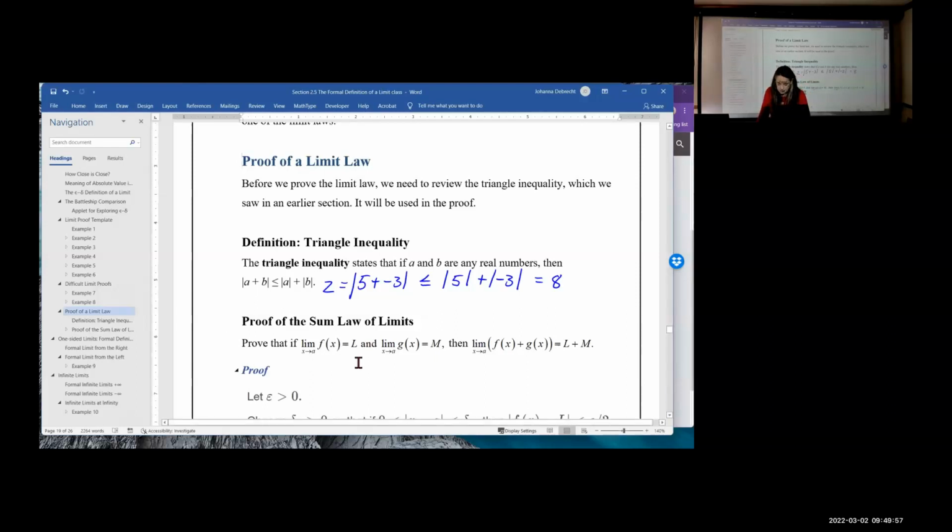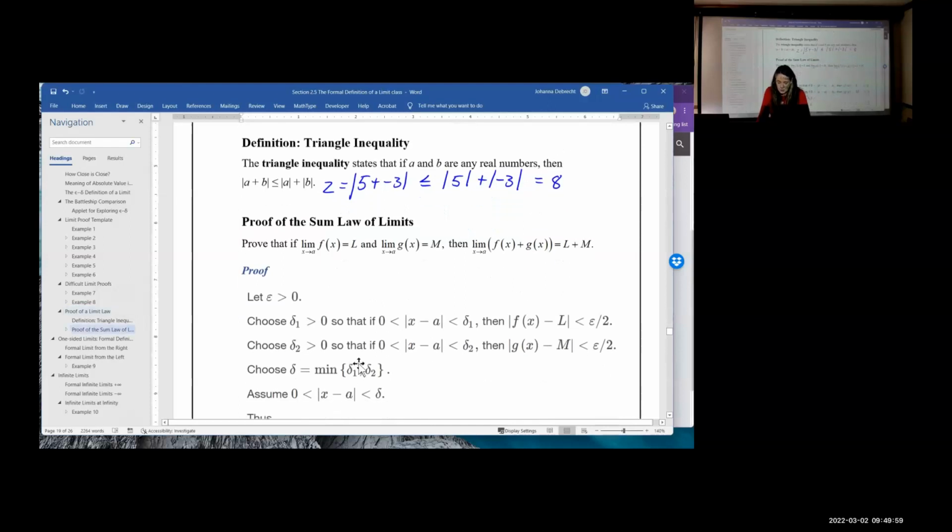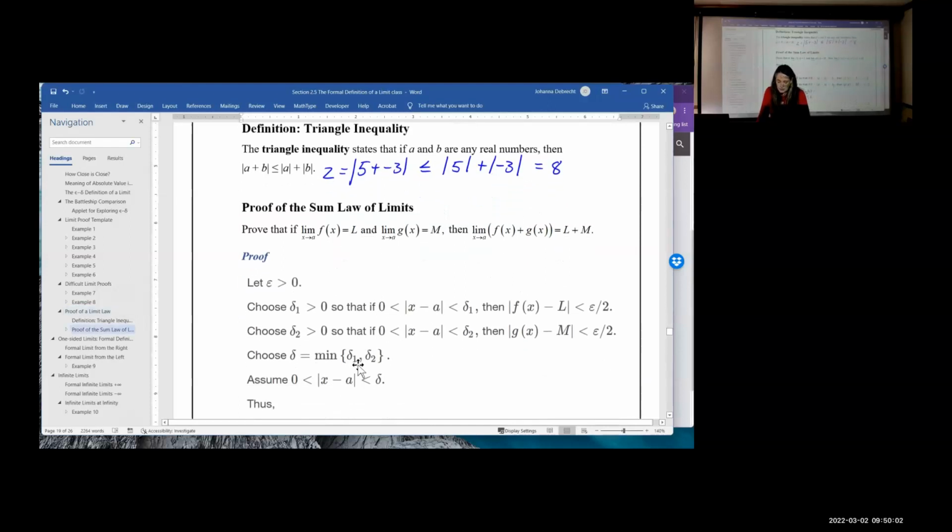All right. Okay. So we want to do a proof of the sum law of limits. Now that we have our formal definition, the epsilon delta definition, we're going to start with a function f and a function g, and we want to prove that the limit of f of x plus g of x is equal to L plus M, where L is the limit of f of x and M is the limit of g of x.